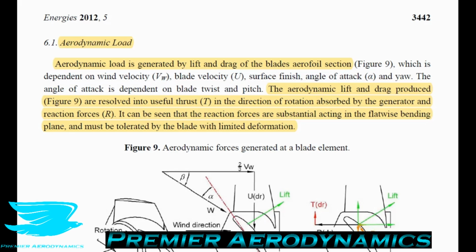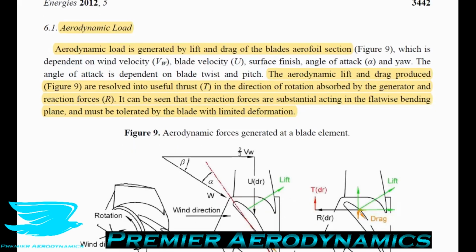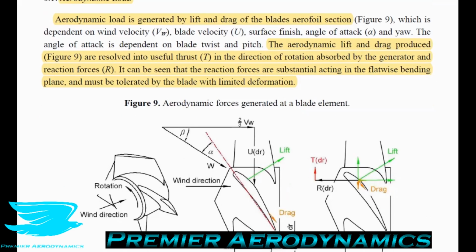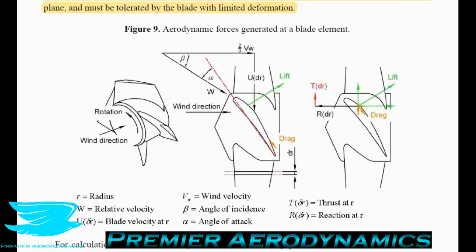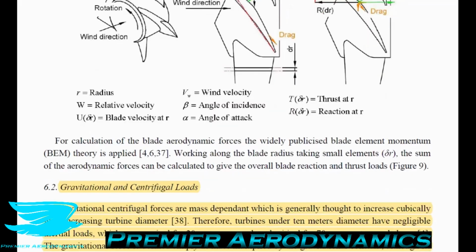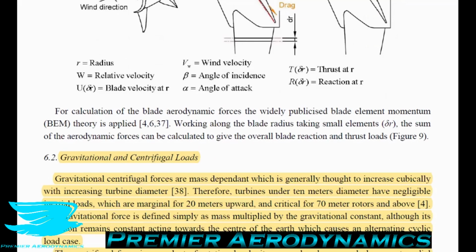And they say it can be seen that the reaction forces are substantially acting in the flatwise bending plane and must be tolerated by the blade with limited deformation. So in other words, the reaction forces are acting to bend the blade, and you don't want that to happen, because not only do you have to then make it structurally strong enough to handle that, you also then have changes in aerodynamic performance, and that's not great. You then have to calculate that, and then it becomes a lot more work.